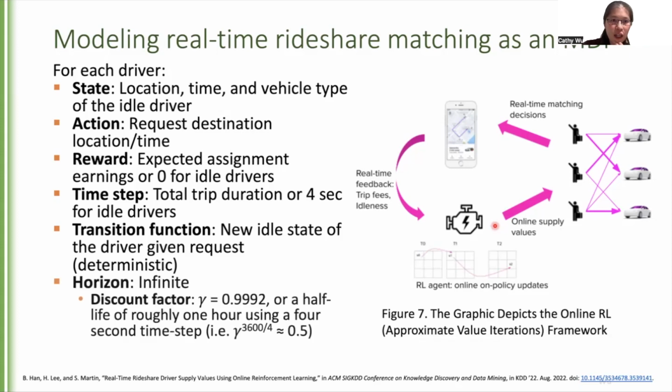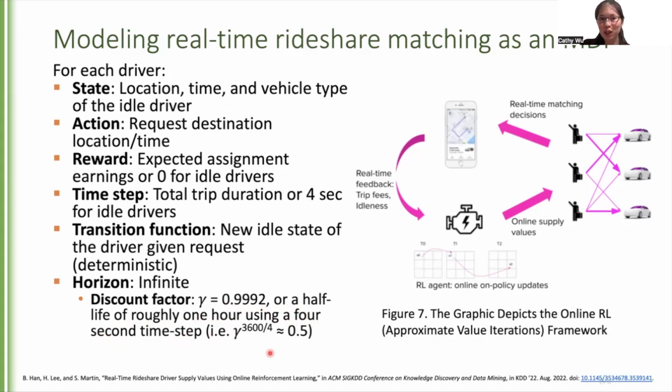The horizon is, let's say, infinite, but we're going to use a discount factor. And this is oftentimes how we use the discount factor. This 0.9992 gives a half-life of roughly 1 hour using a 4-second time step.